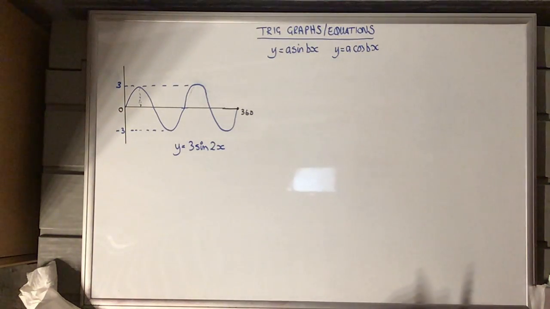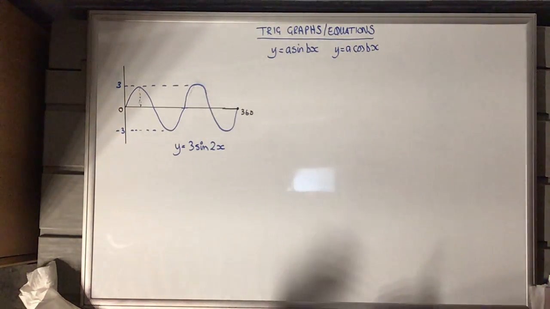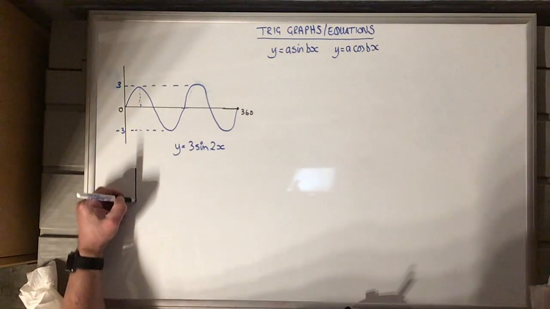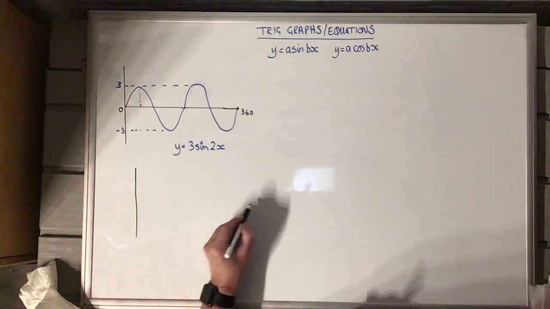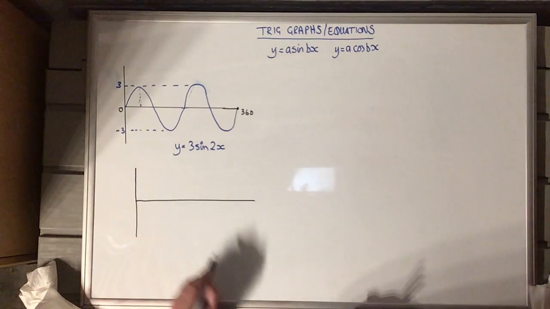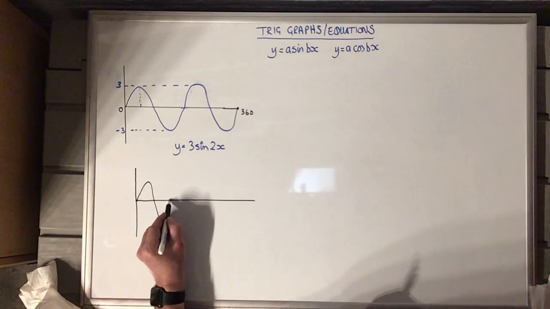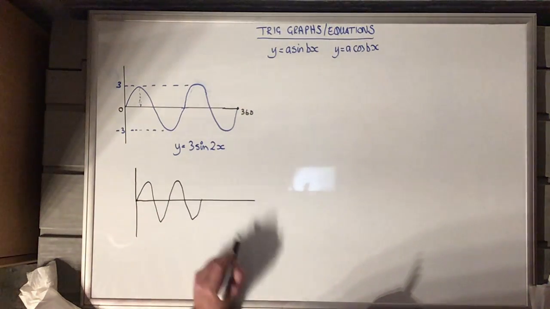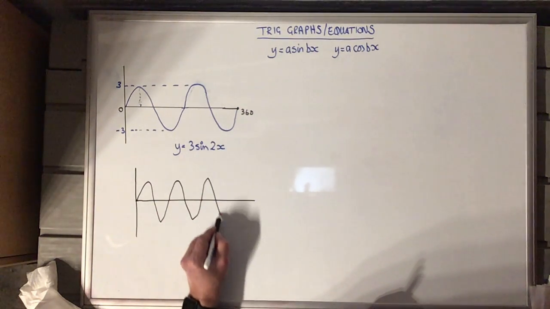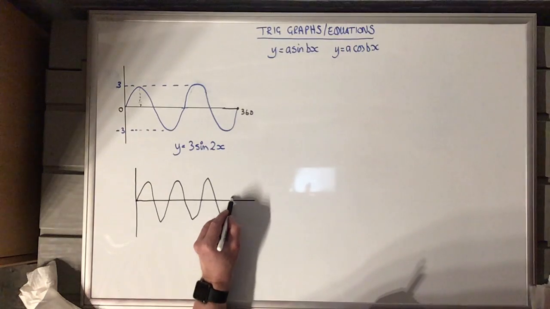Now, I'm going to just draw one very quickly out, just to give you ideas. These things are very, very easy. Now, let's go for one cycle. Now these are all meant to be the same, 2 cycles, 3 cycles.